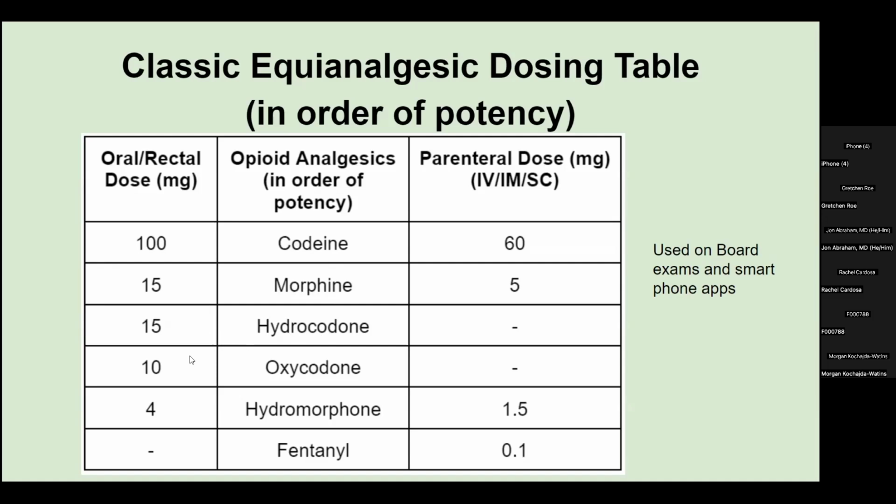Oxycodone is 1.5 times as potent as morphine and hydrocodone. And then hydromorphone is even more potent. You can see there's almost a 1-to-4 conversion ratio there. And for IV, it's about 1-to-3 or so. And then fentanyl is even more potent than that.